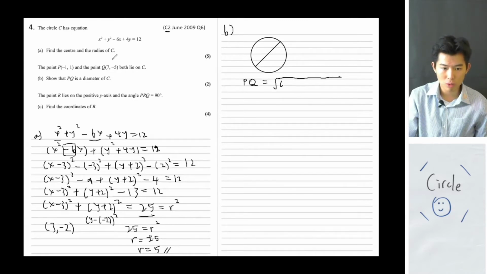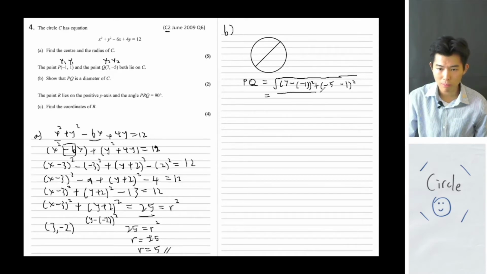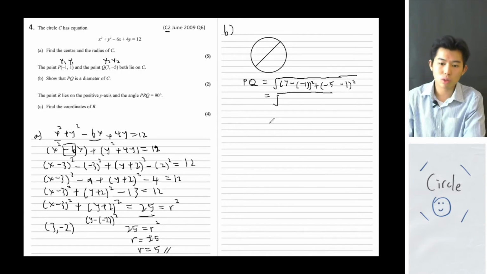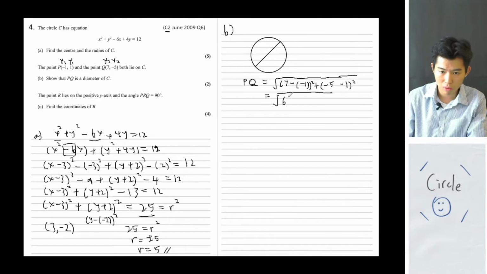let's assume that this one is x2, x1, y2, y1: the square root of (7 subtract negative 1) squared plus (y2 subtract y1, which is negative 5 subtract 1) squared equals, 7 subtract negative 1 will be 8. 8 squared will be 64. 64 plus negative 5 subtract 1 will be negative 6.